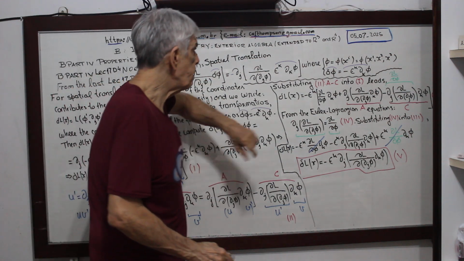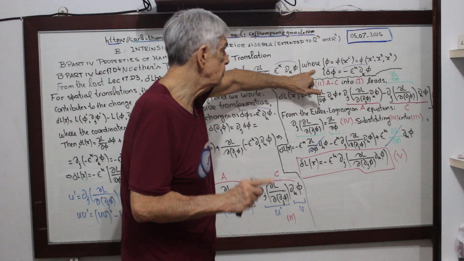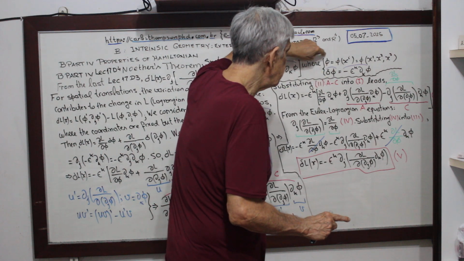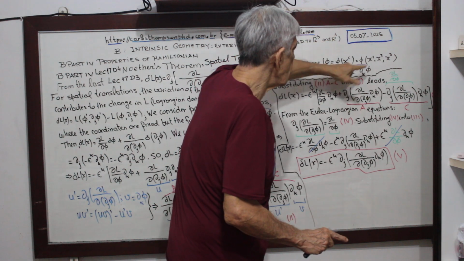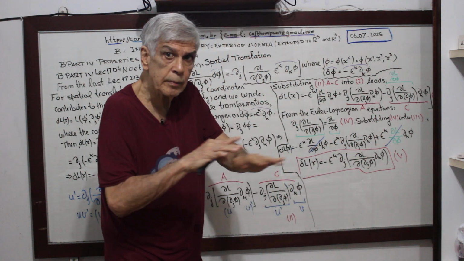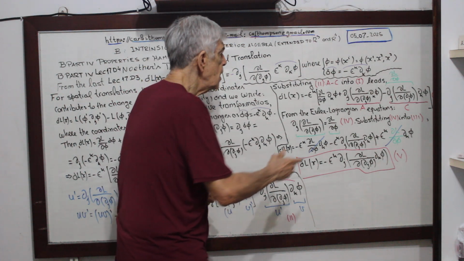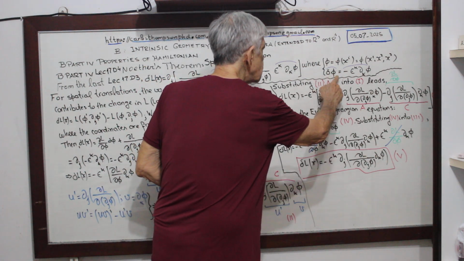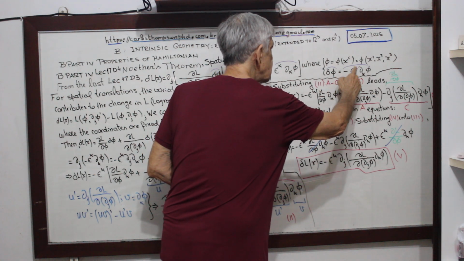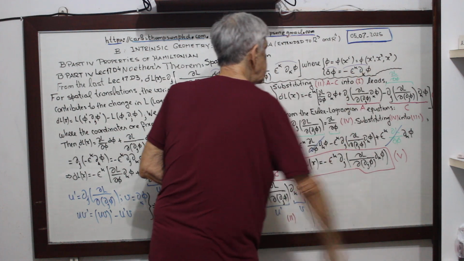And attention now, this is a spatial translation. So in this case phi is a function of x1, x2, and x3. No time is involved explicitly. So the variation of phi is minus epsilon k partial with respect to x_k of phi.